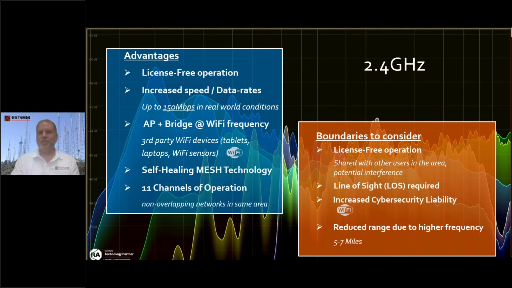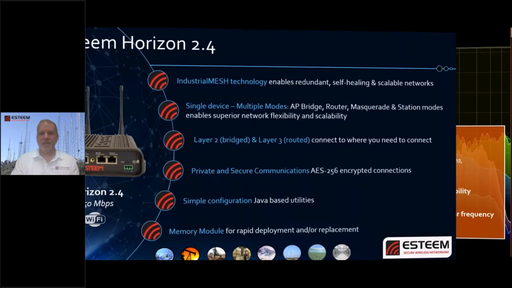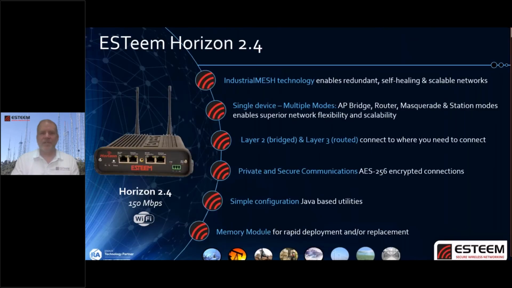Let's take a deeper look at the Horizon 2.4, which is what Esteem puts out. Again, we have the same industrial mesh technology that enables a redundant, self-healing, and scalable network. It has the same multiple modes of operation in any single radio. We can put these into an AP bridge mode, a router mode, or a masquerade or station mode.